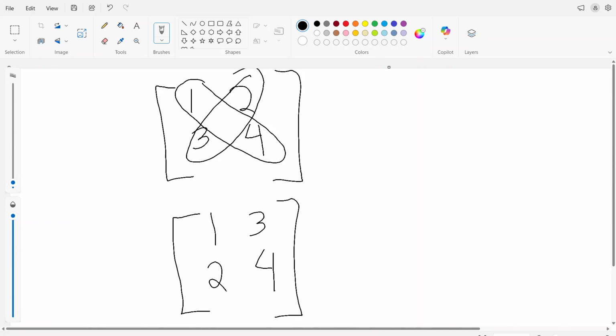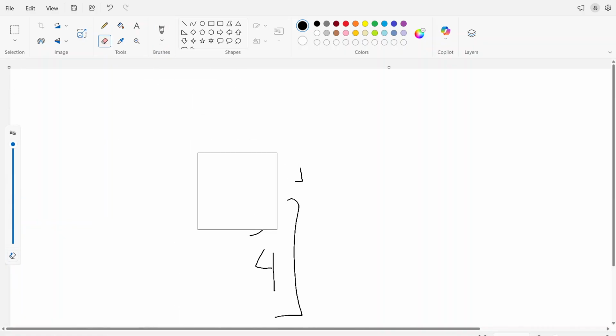The fifth thing I want to talk about is what actually swaps. Every entry swaps. The row and column become column and row. If something is in row 2, column 3, after transposing, it becomes row 3, column 2. So it's just reversed. Now let's look at an example.